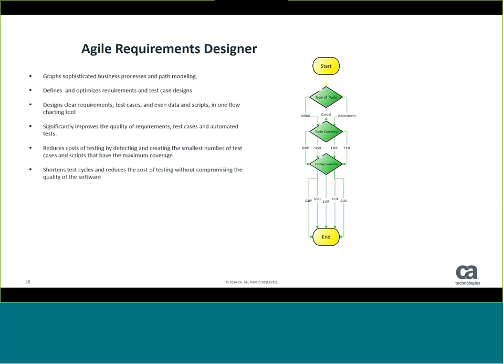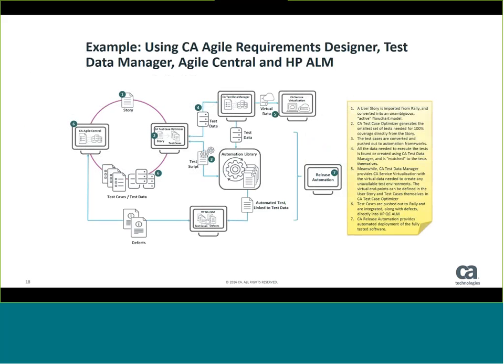Again, in this area, we're talking about the model, how sophisticated it is, and it allows you to see the different requirements and the test cases. And like I said, you can include the data here on what exactly the data needs to be. It is an example of using ARD with Test Data Manager, Agile Central, and HPLM.